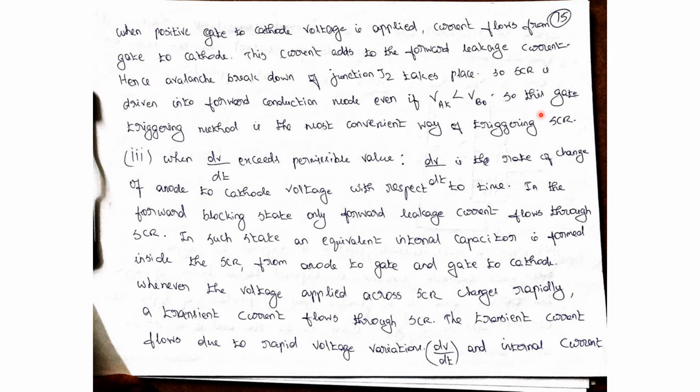So next one, dV by dt. When dV by dt, that is rate of change of voltage with time, exceeds permissible value, then even if the gate drive is not applied, no problem, the SCR will be turned on, because of the forward leakage current.